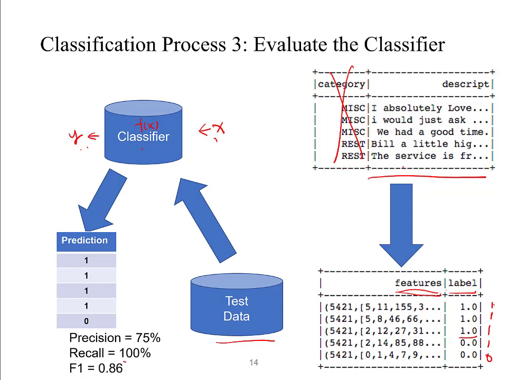So you need to know how the original data, the raw text, looks like, and how you convert it into features. For this part, we will introduce a little bit more later in today's lecture.